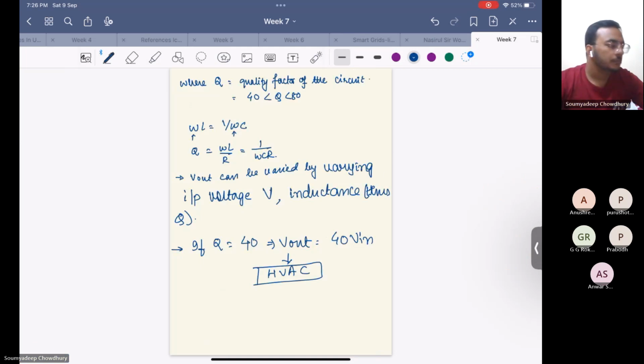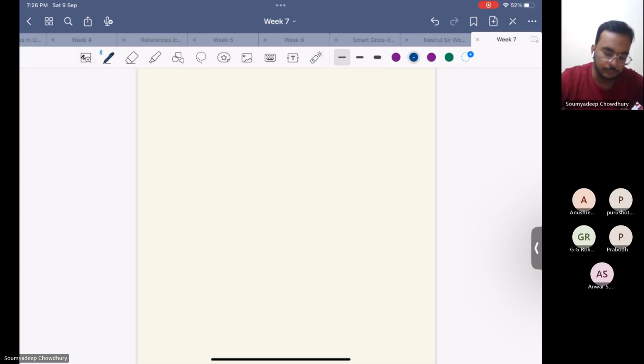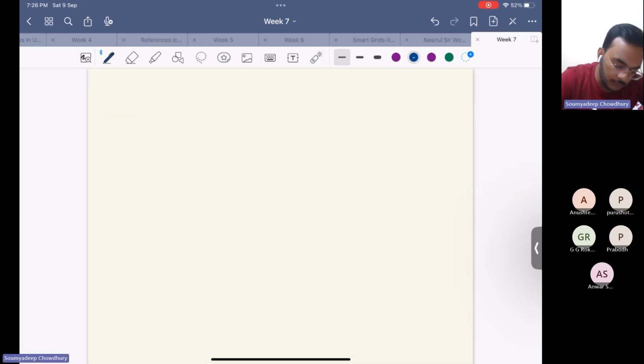Okay. So we'll do a small numerical. Everyone should try this out. We have a series resonant transformer. I'll write the question, everyone please note it down.